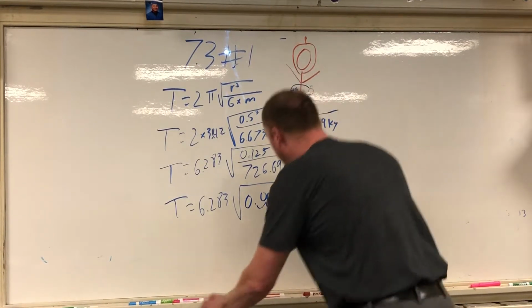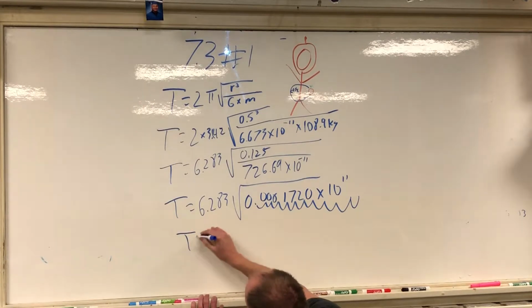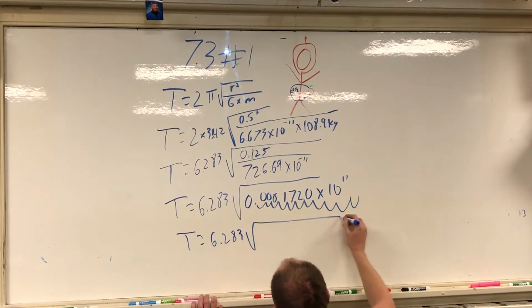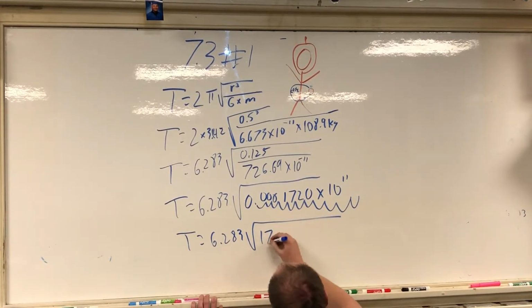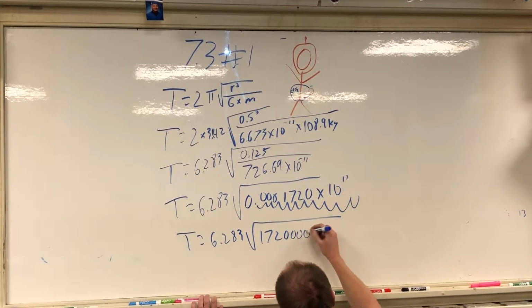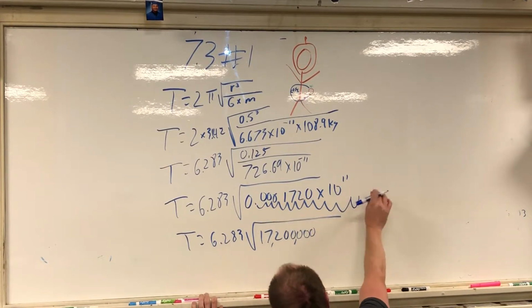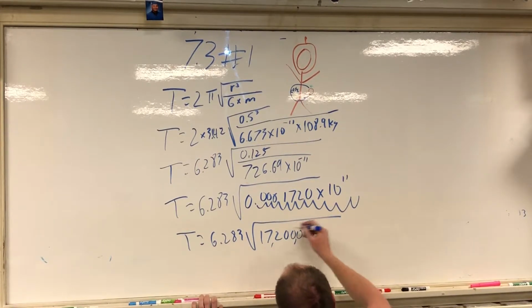So I end up with T is equal to 6.283 times the square root of, move that over, 172, and then 5 zeros. I think that's right. 17,200,000.